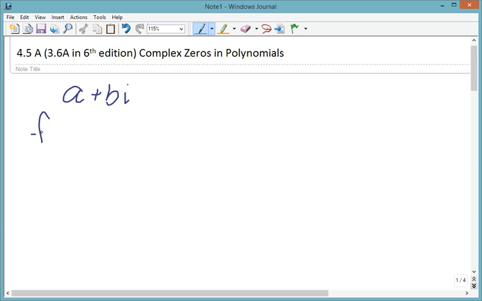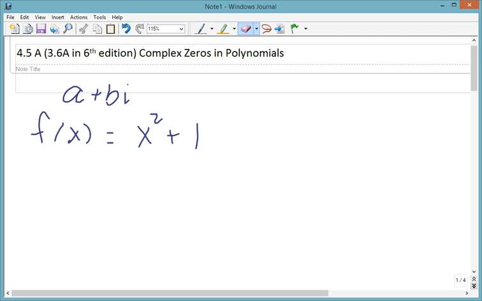So if we have the function f of x equals x squared plus 4, and I want to find what the zeros are, I could set it equal to 0 and solve, right?